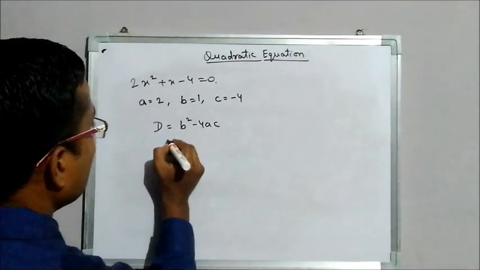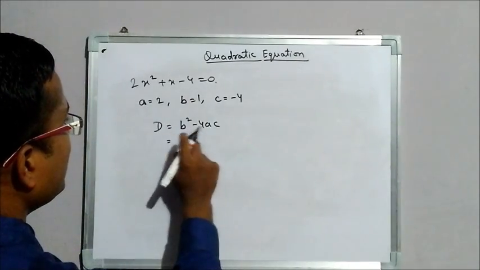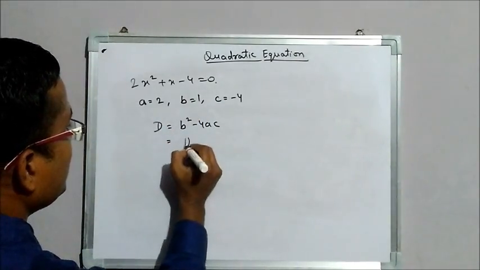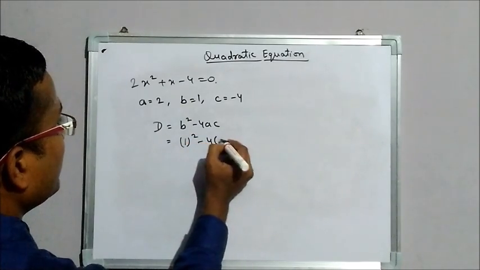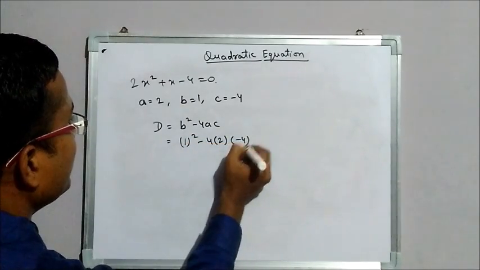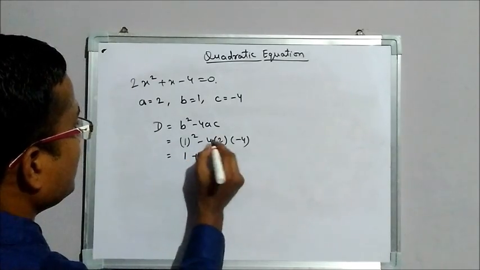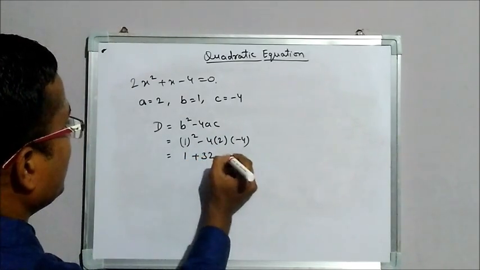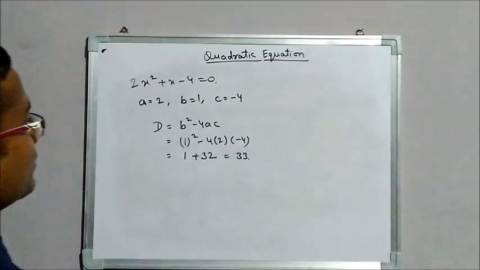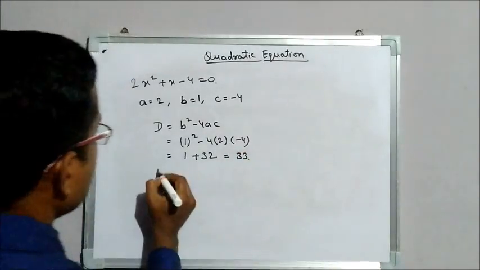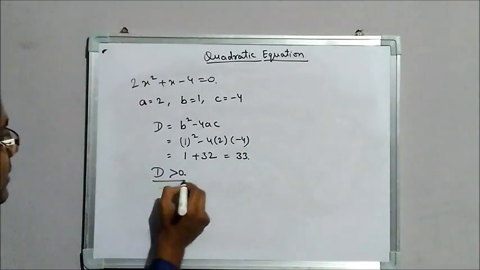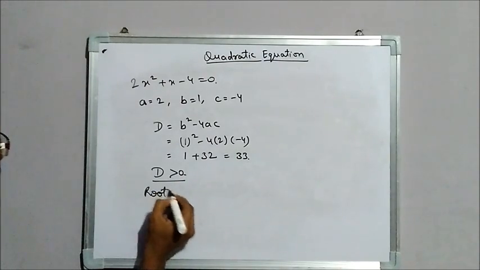Putting the values of a, b and c, this is 1 square minus 4ac, 1 plus 32, which is 33. The discriminant is 33, meaning D is greater than 0, so the roots are real and distinct.